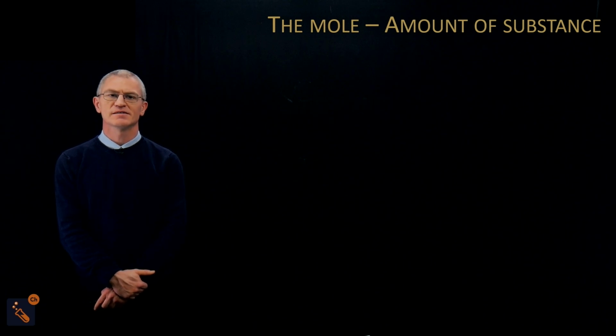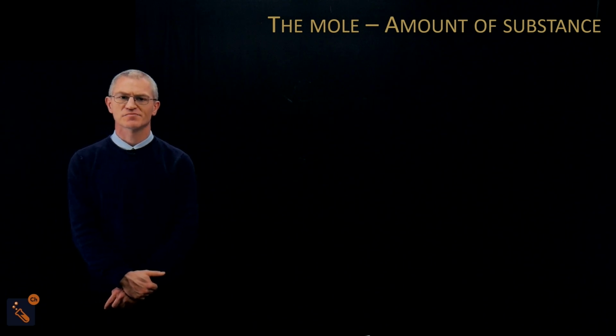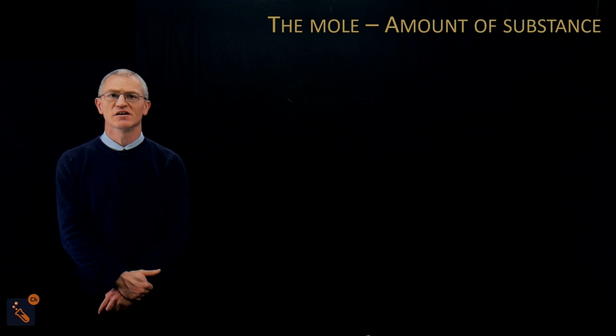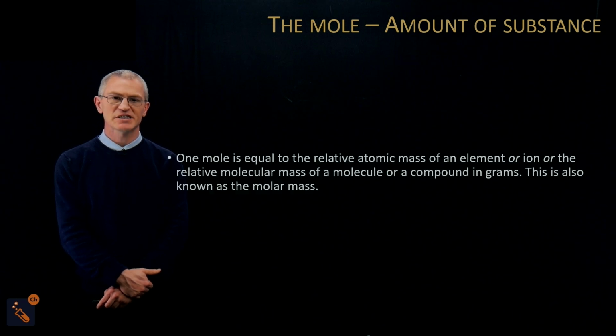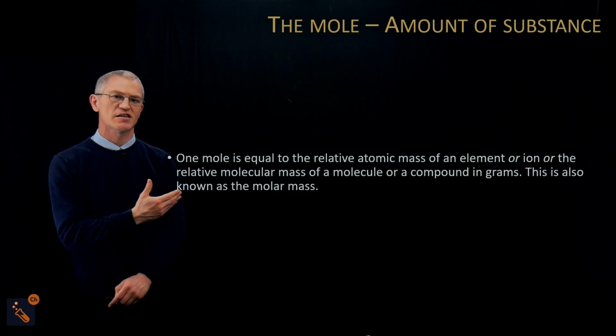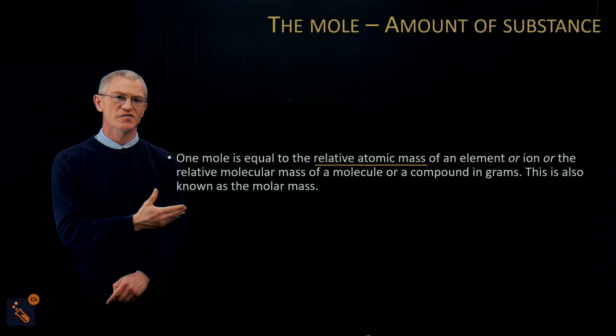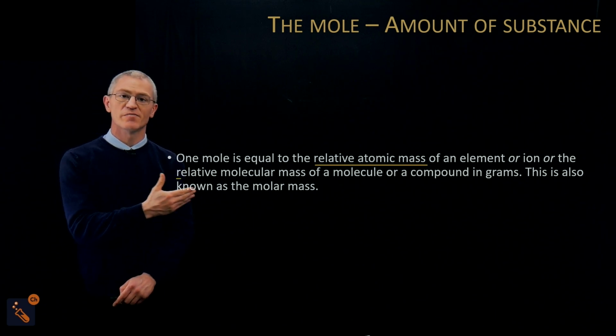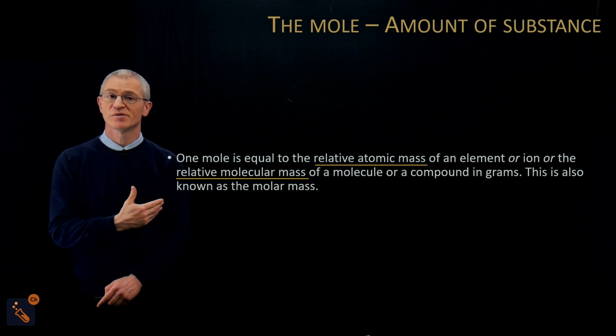Now that we've calculated the relative molecular mass, we can also go on to using the term mole. The mole is basically the relative atomic mass of an element or an ion, or the relative molecular mass of a molecule or a compound, in grams.